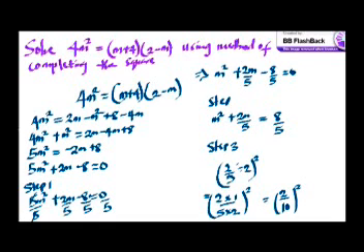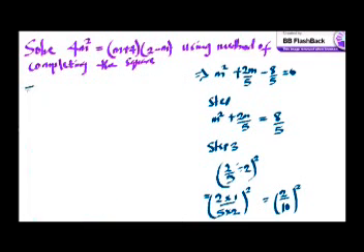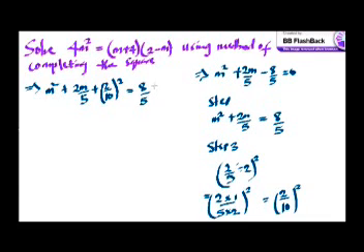Now I'll continue here, but first by removing this aspect so I can have enough space to solve. That will give me my new equation as m square plus 2m over 5 plus 2 over 10 all square is equal to 8 over 5 plus 2 over 10 all square.